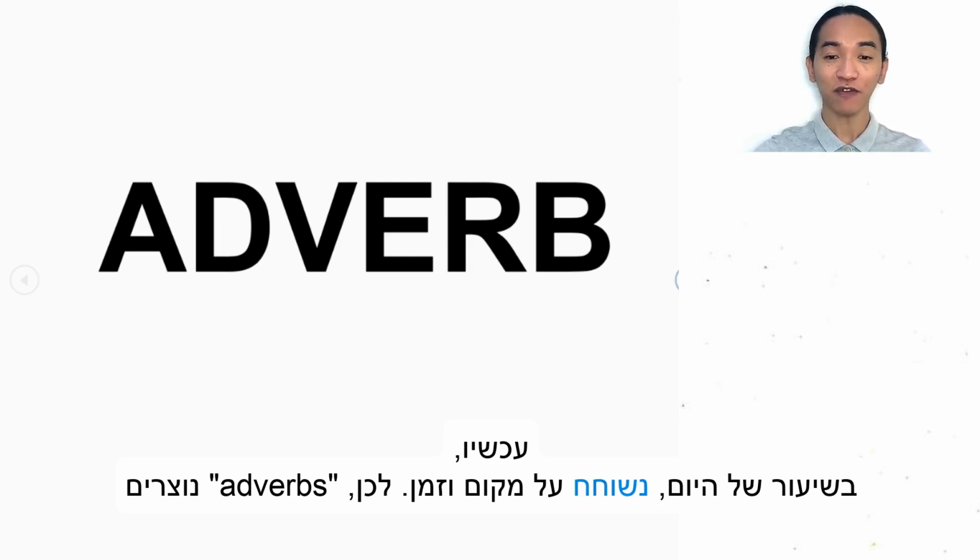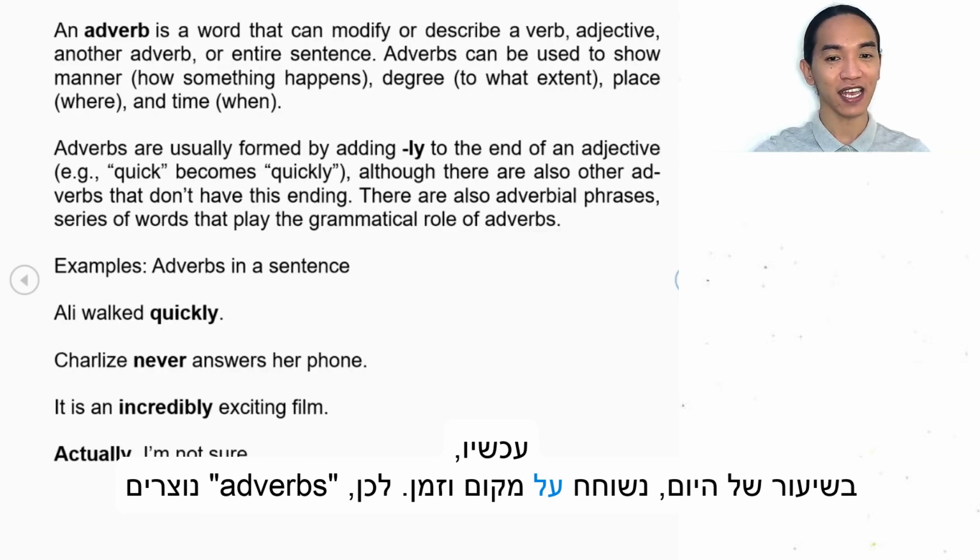So now, for us to have a better understanding of what adverbs are, let's give the definition of it. So as you can see here, an adverb is a word that can modify or describe a verb, an adjective, or another adverb, or even an entire sentence.